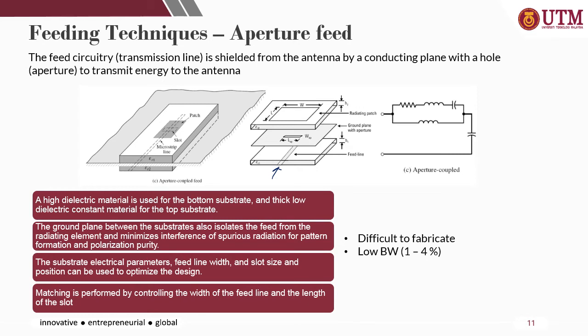The third one is the aperture feed technique, in which the feed circuitry, the transmission line for the feeding, is shielded from the antenna on top by a conducting plane with a hole or aperture to transmit the energy to the antenna. Usually high dielectric constant material is used for the bottom substrate compared to the upper substrate, which uses a lower and thick dielectric constant on top.